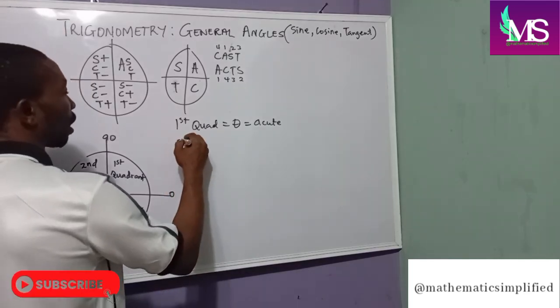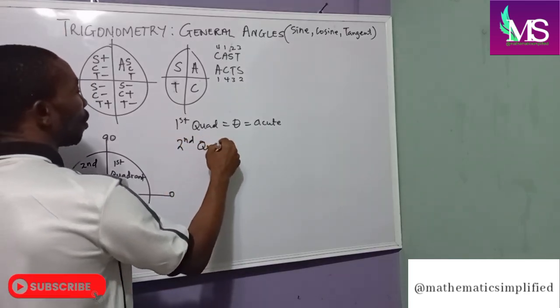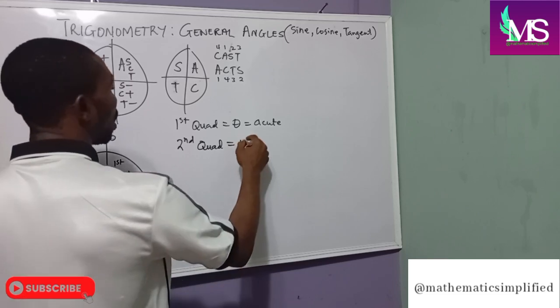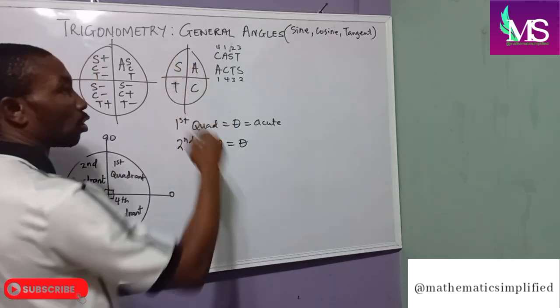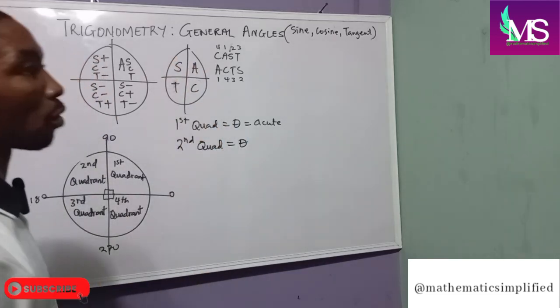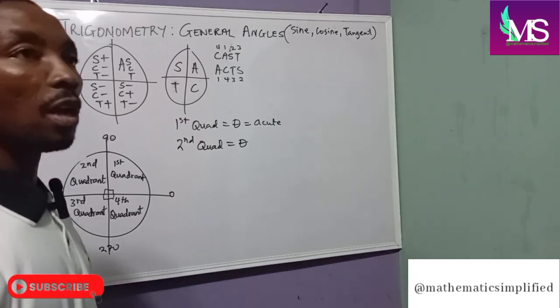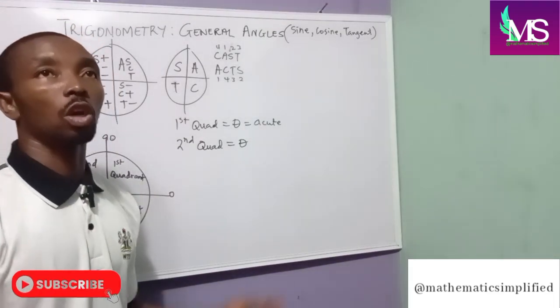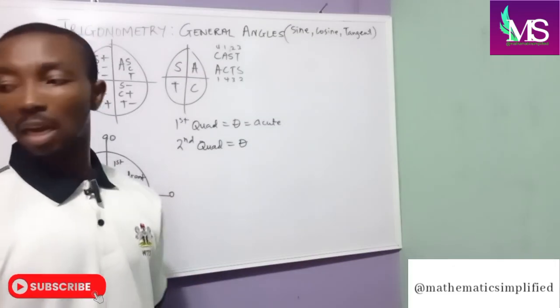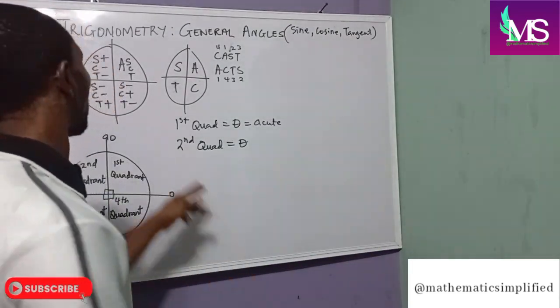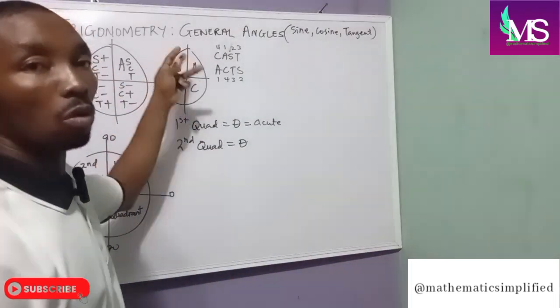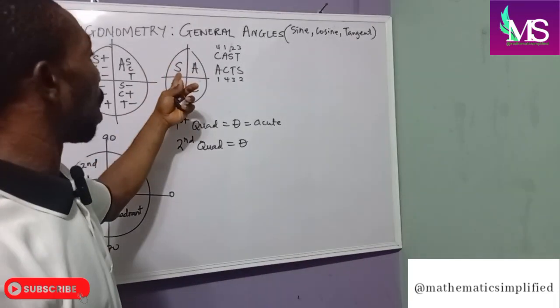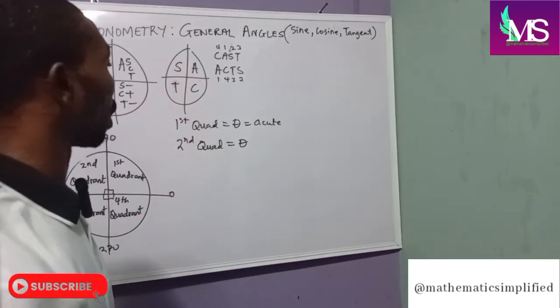Now for the second quadrant, our theta is not acute. Our theta is more of an obtuse angle. Why? Because obtuse angles are angles that are greater than 90 but less than 180. So our theta is an obtuse angle in our second quadrant.